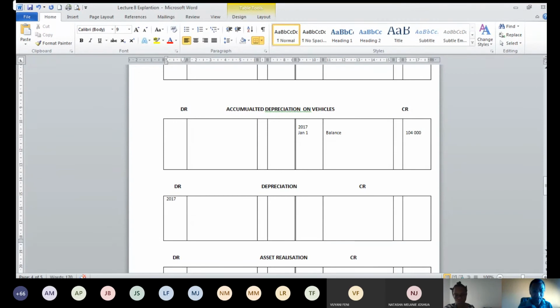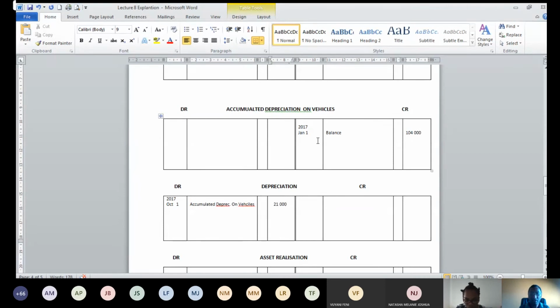2017, that is on the 1st of October. You debit your depreciation with accumulated depreciation on vehicles, and the amount is 21,000 rand.